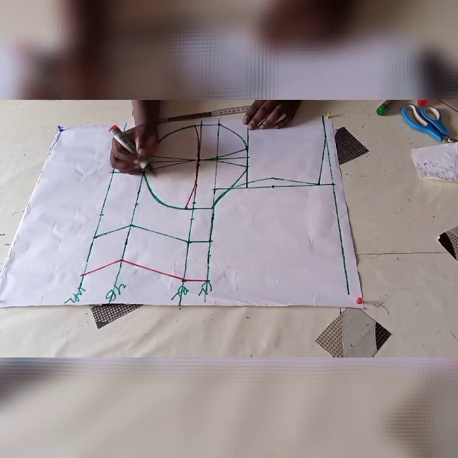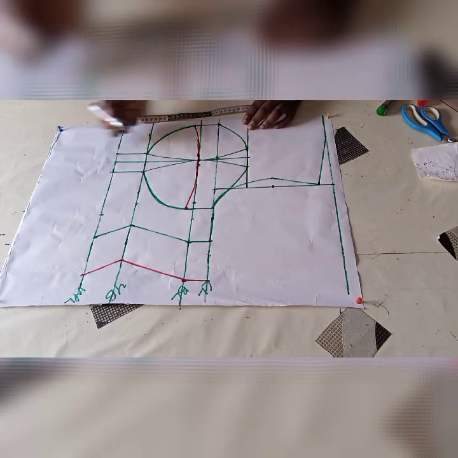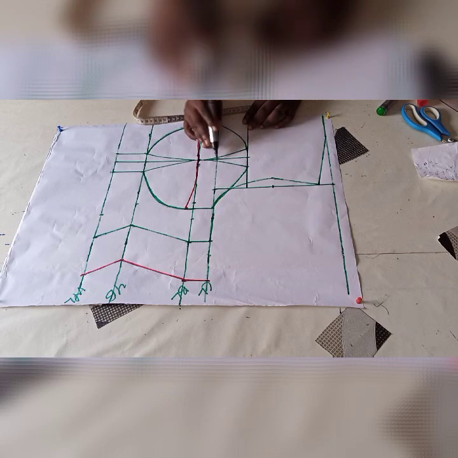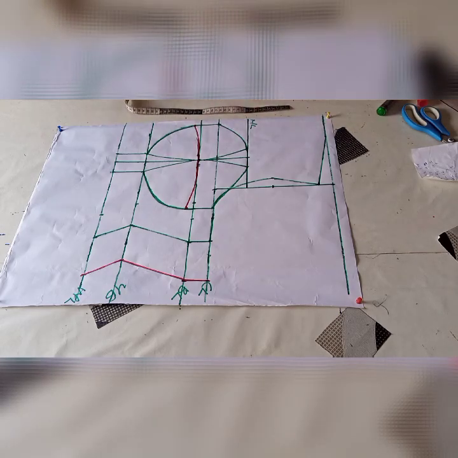So I'll be cutting it out now for you to see. And if you want it in 2 pieces, you can just cut this dart, that's all. You cut it out and join it together to give you your perfect size.